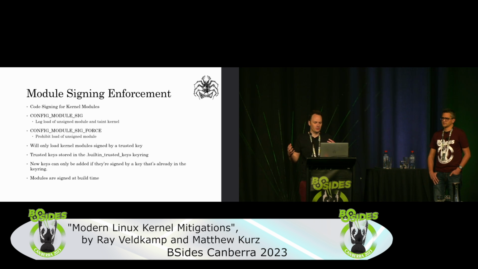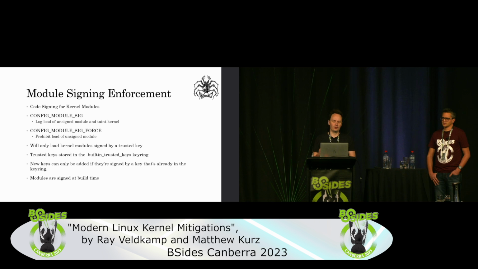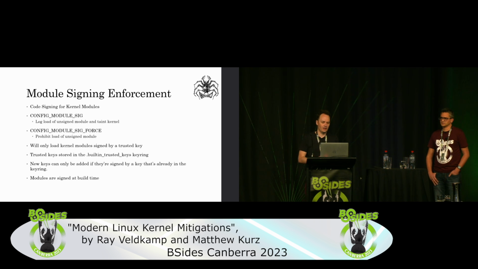What it will do is say, OK, I'm going to allow the load of this unsigned kernel module, but I'm going to log about it in the kernel message buffer, and I'm going to taint the kernel so that there is a record that an unsigned module has been loaded. The second one is basically full mitigation. And what it does is it just straight up prohibits the load of any unsigned module.